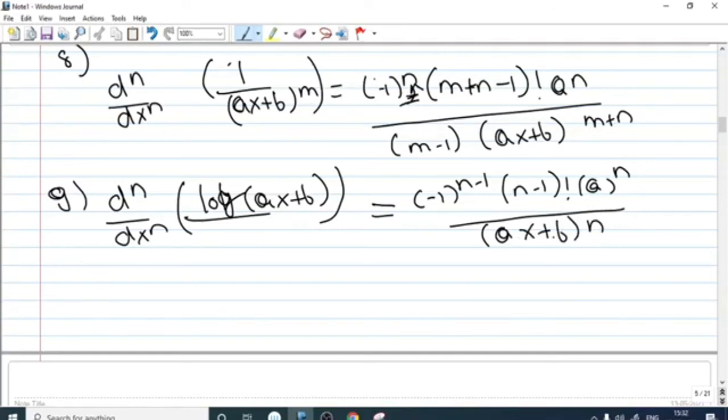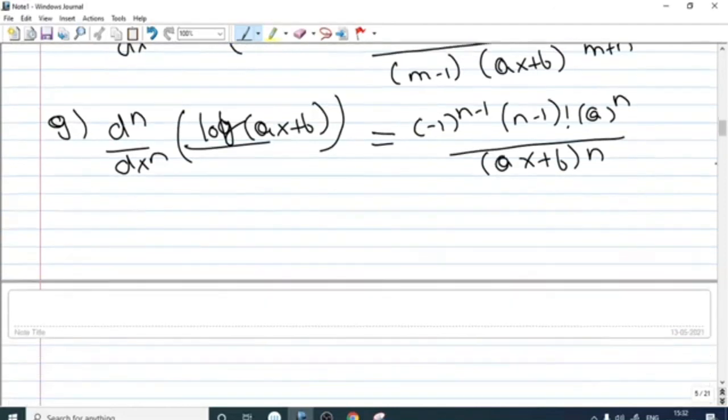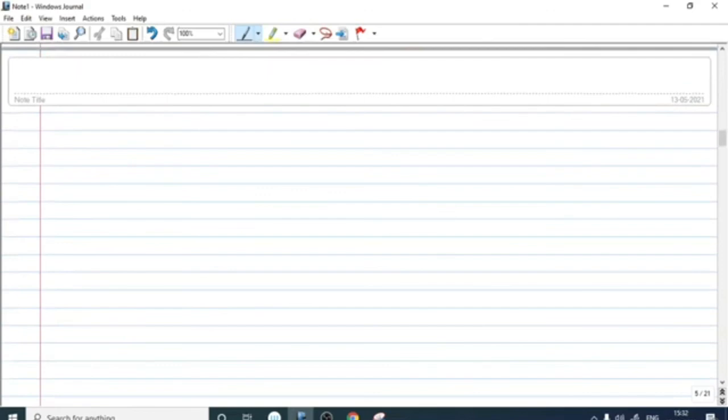So these are all 9 formulas which you need to keep in your mind while learning this chapter. If you remember these formulas, then you will be able to solve all the questions of successive differentiation. So this was the basic introduction.